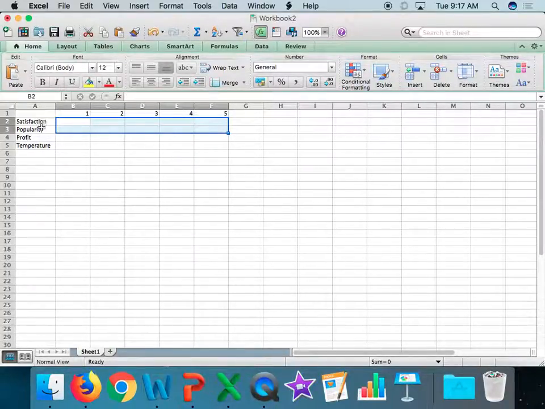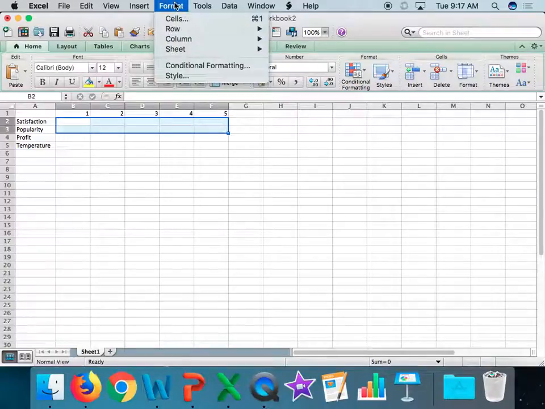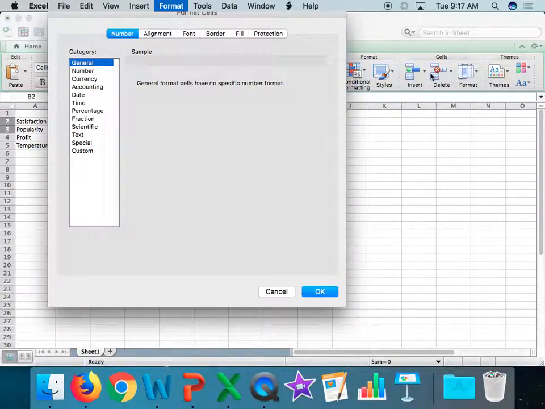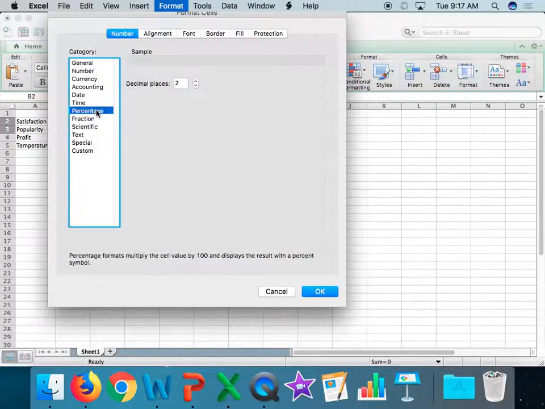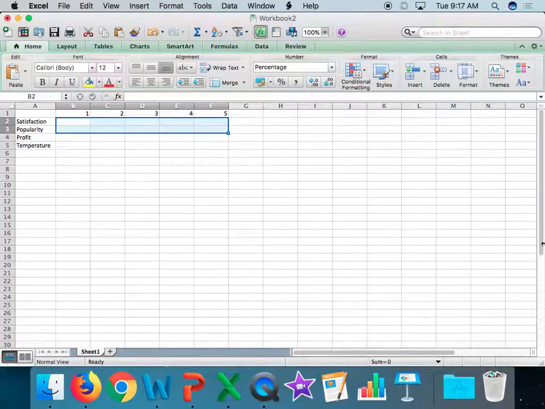Notice I'm not highlighting here. I'm not highlighting up here, just the cells that I'm putting my data in. I'm going up to Format Cells. What am I going to choose out of here? Alicia? Percentage, yeah. I'm going to choose percentage and hit OK. Now when I put in my data, it will go in as a percentage.